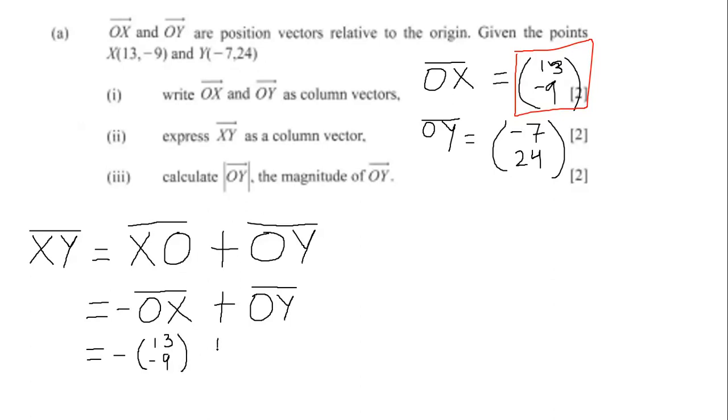It's going to be plus OY. Well, OY is simply negative 7 and 24.